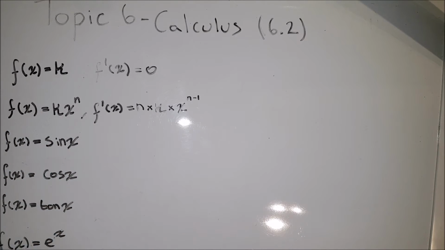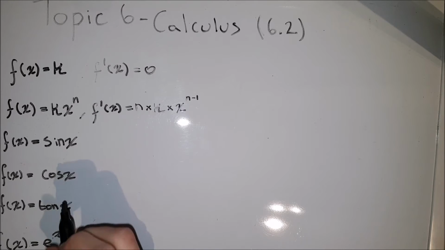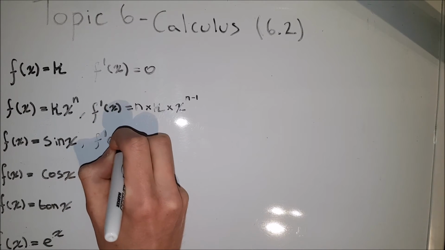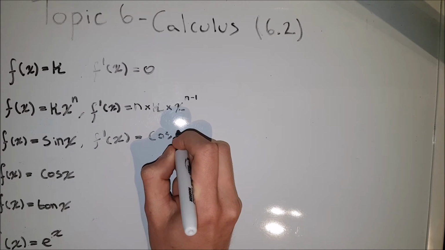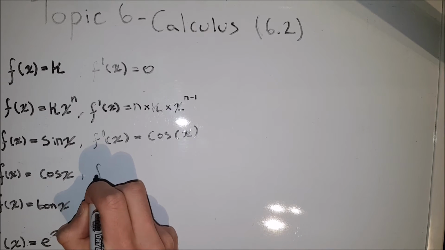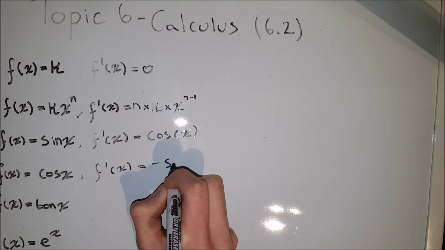Now these are some 3 trigonometric relations. And basically, these all have their own derivatives that are just memorized. So the derivative of sine of x is always going to be cosine of x. The derivative of cosine of x is always going to be negative sine of x.